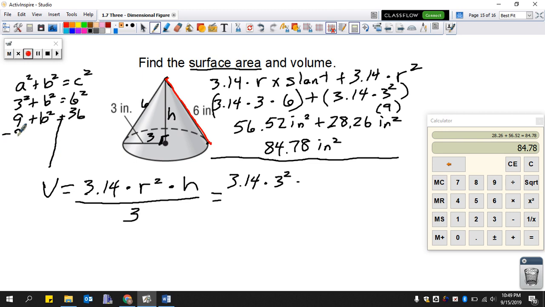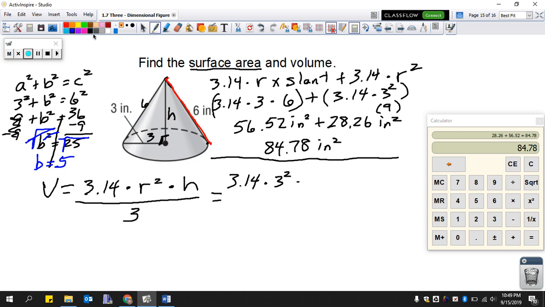So we're going to go minus 9, cancels out. B squared is equal to 25. We're going to take the square root of it. Square root of b squared is just simply b is equal to square root of 25, which is 5.